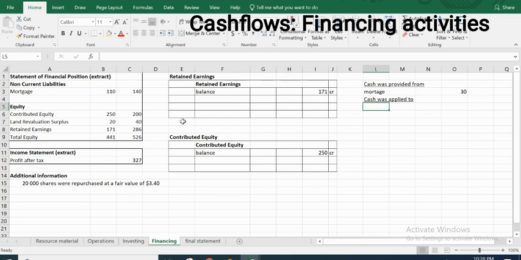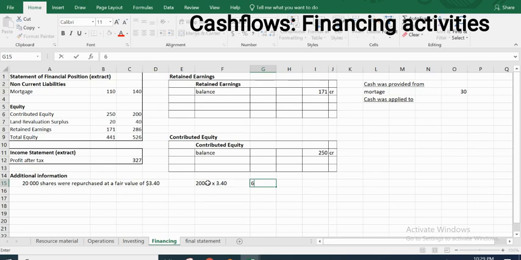Going into the equity section, it does get a little bit more complicated. We're going to start down here with this additional information. It says here that 20,000 shares were repurchased at a fair value of $3.40. So if we go 20,000 times the $3.40, that's going to give us how much cash we've spent repurchasing shares.